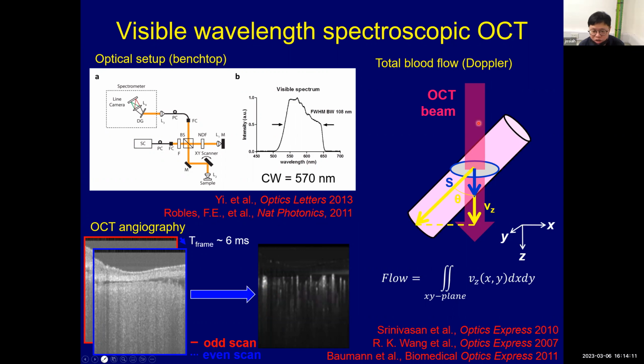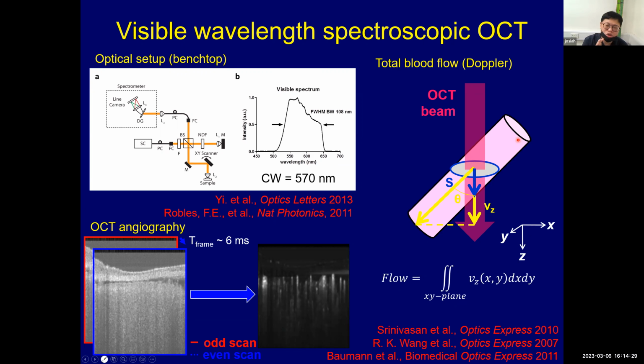The flow is also something we can readily achieve, because when the light hits a red blood cell and gets reflected, the red blood cell is moving, so the reflected light will have a Doppler shift.